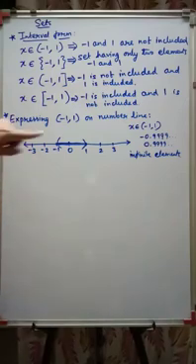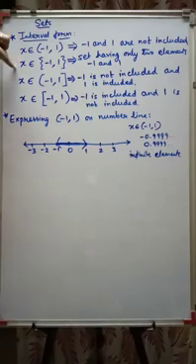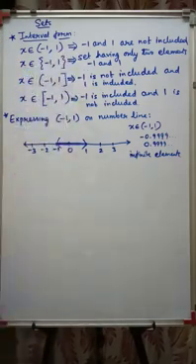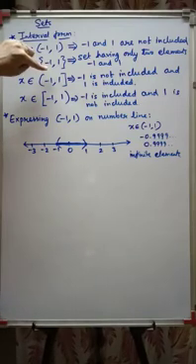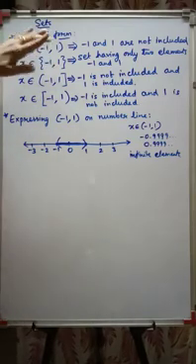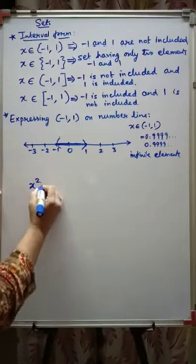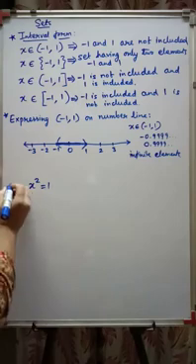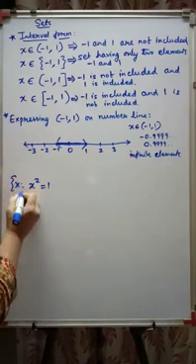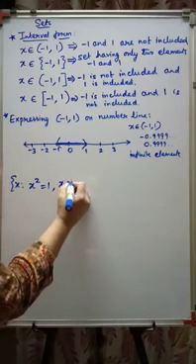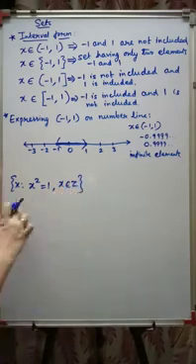Now what about x belongs to {-1, 1}? It means only two elements, -1 and 1, as we are doing in tabular form. How to write it? If I tell you x such that x squared equals 1 and x belongs to Z, what is the answer in tabular form?